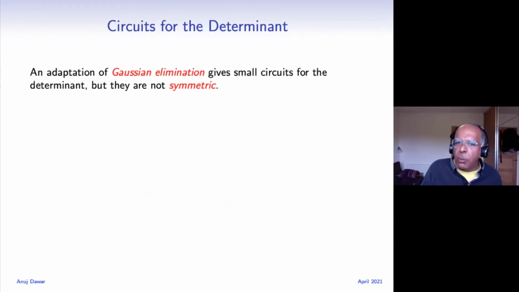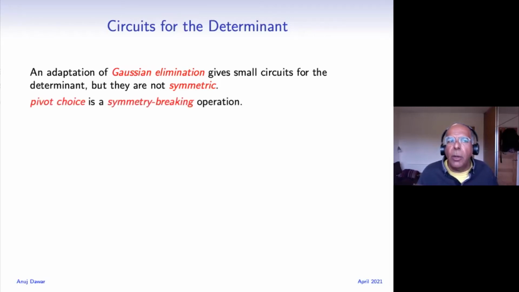We know we have small circuits for the determinant, for instance, Gaussian elimination, but those circuits are not symmetric. Gaussian elimination doesn't give you a symmetric circuit because the Gaussian elimination algorithm really proceeds by choosing a pivot, right? You choose a row with respect to which you do it.